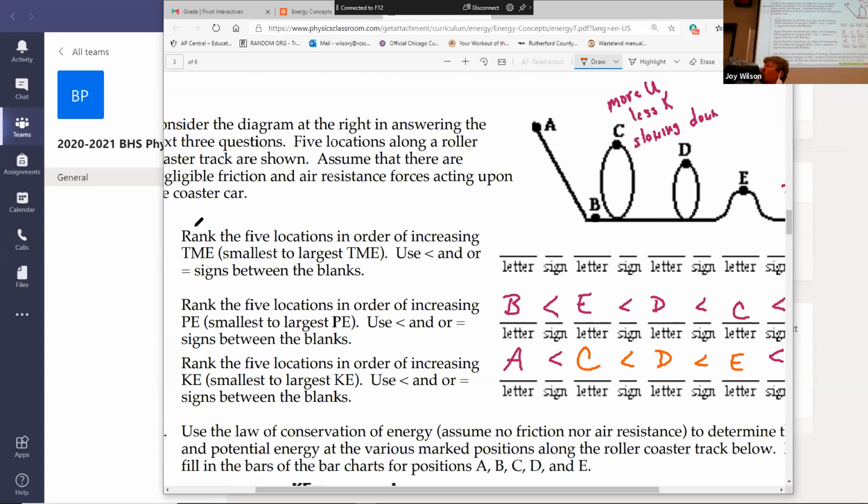No. Since we don't have friction, no energy is lost. All of it has to stay inside. So the total energy will be, you can write it in any order because they're all equal. Nobody's bigger than anybody else.